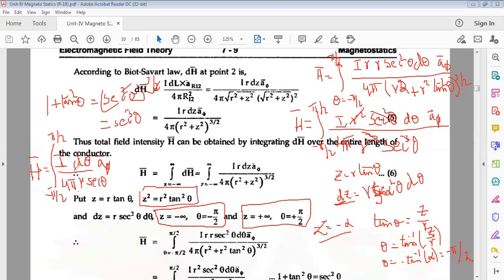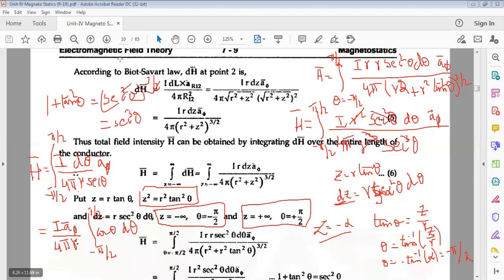With respect to the integral of theta, all the remaining functions are constants, so write them outside: I by 4 pi R, and a phi bar is also a constant. Now the integral from minus pi by 2 to pi by 2 of cos theta d theta.